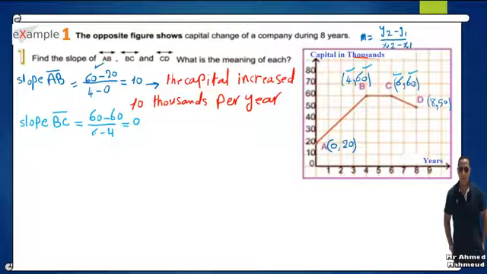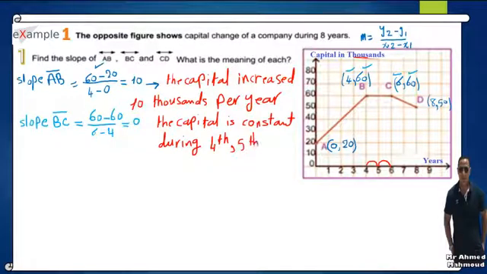Then I'm going to write: the capital is constant during the fourth and fifth years.